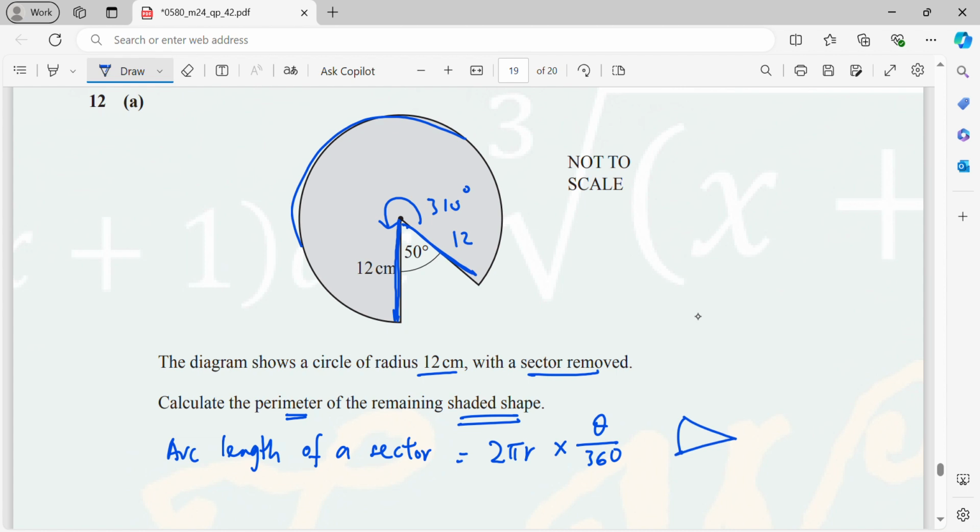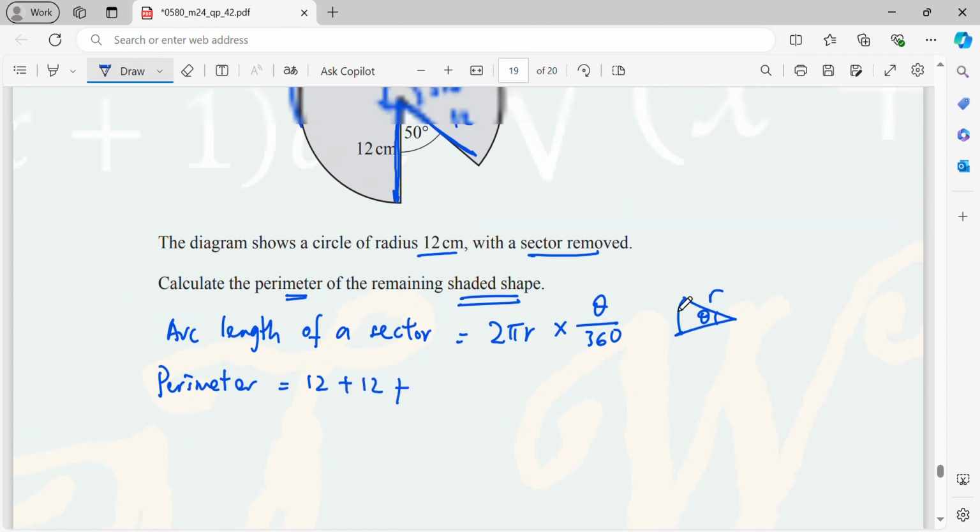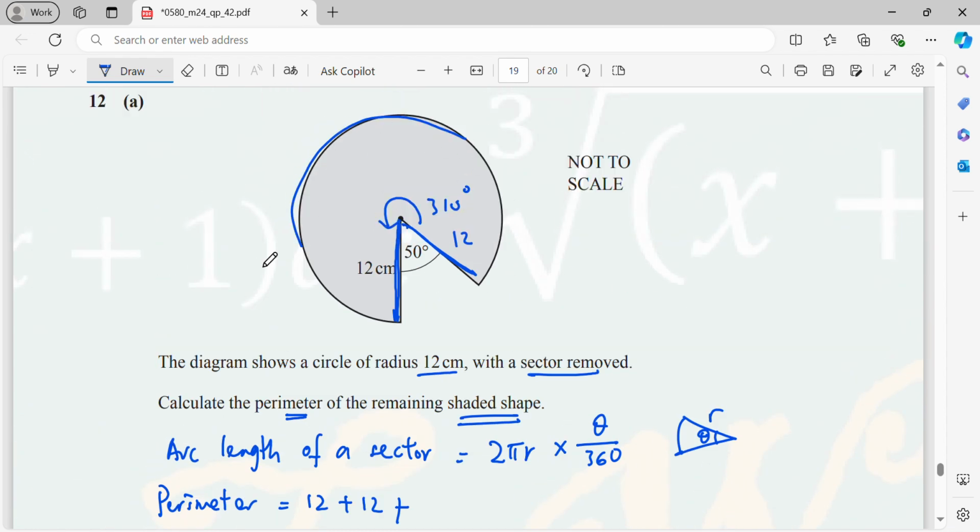Given this sector, this is theta, here is r. Now from here I will say my perimeter equals the radius 12 plus 12, then plus the arc length of the sector.